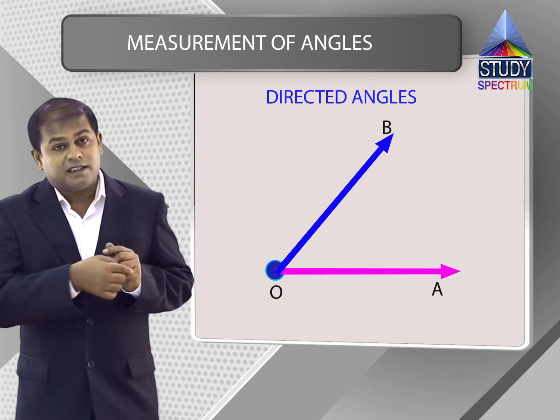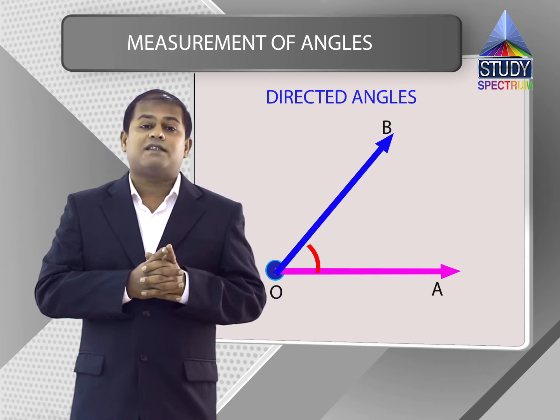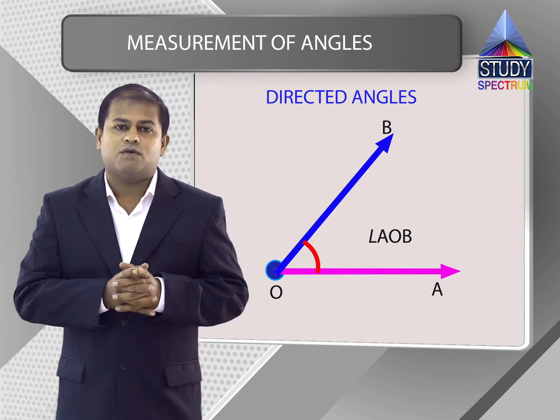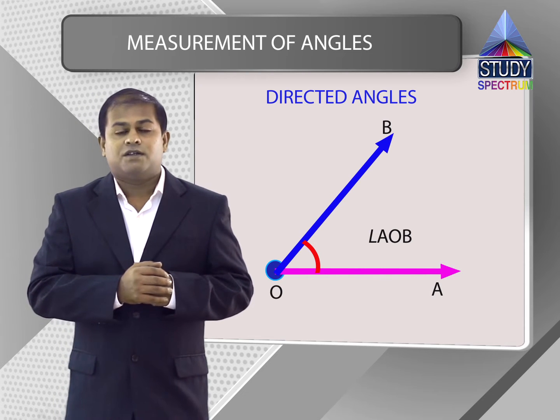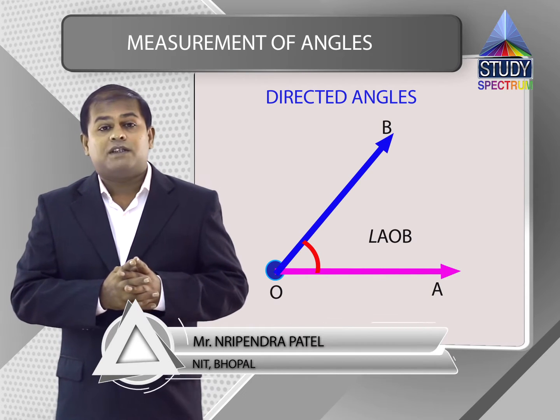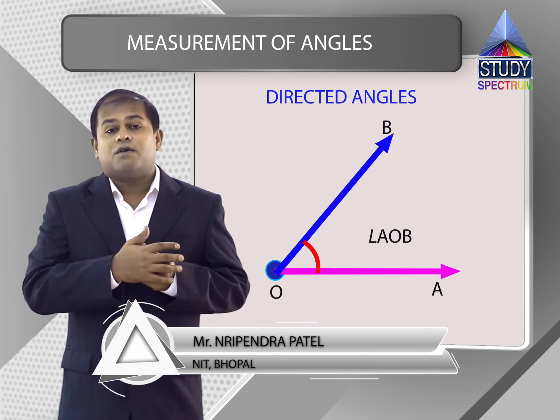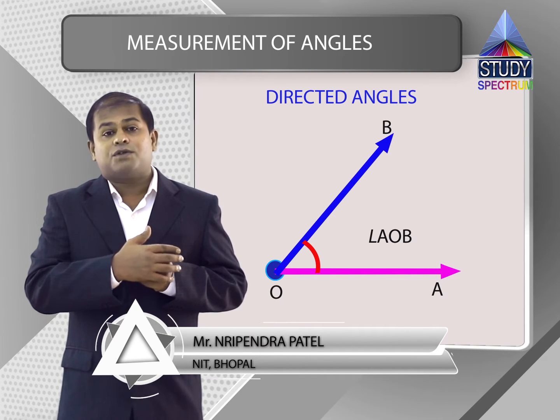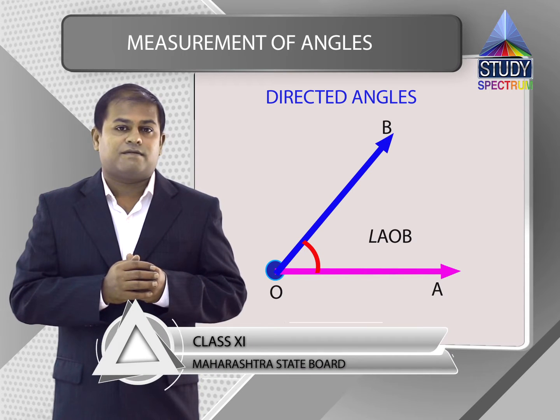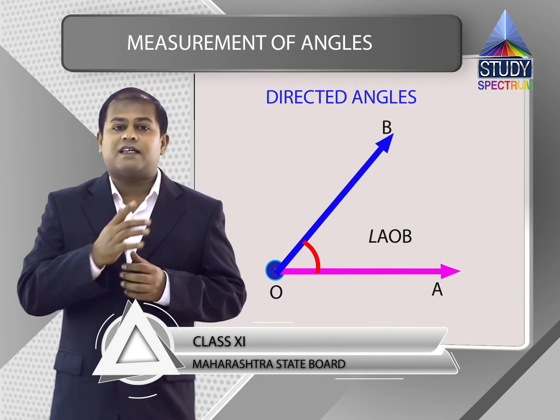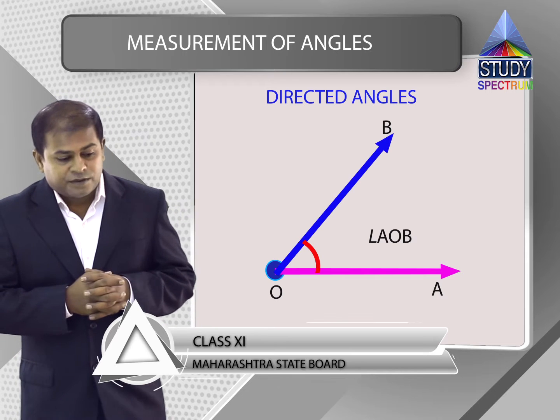Then the angle formed is known as directed angle AOB, as shown by the arrow. Arm OA was rotated till it coincides with OB, right? So that is directed angle AOB.